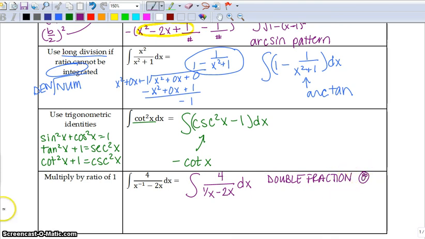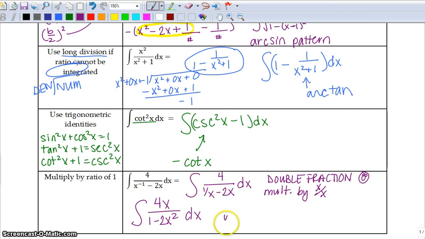So we want to get rid of it. How do I get rid of it? Multiply by x over x, which is just 1. So it's multiplying by a funny version of 1. If I multiply everybody, I end up with 4x over 1 minus 2x squared. And the good news about doing the funny version of 1, we now can use u substitution.